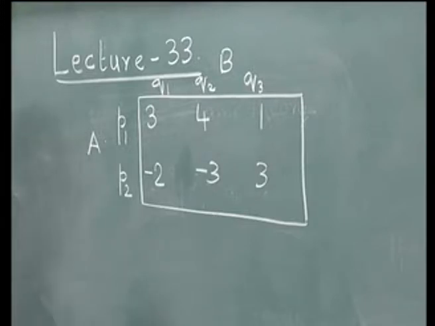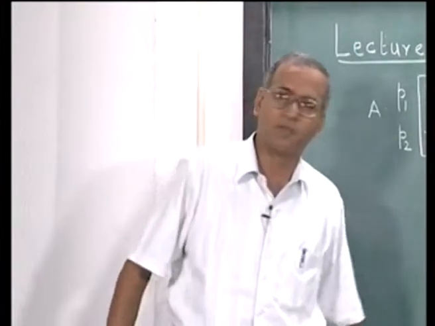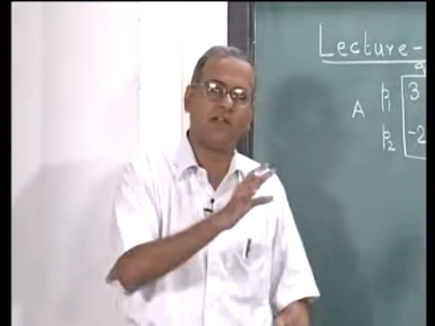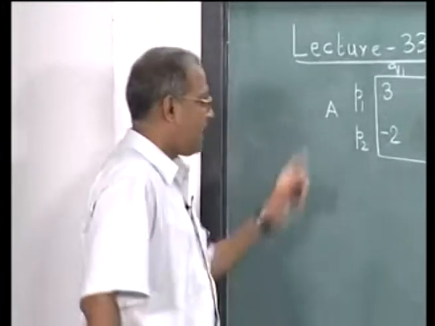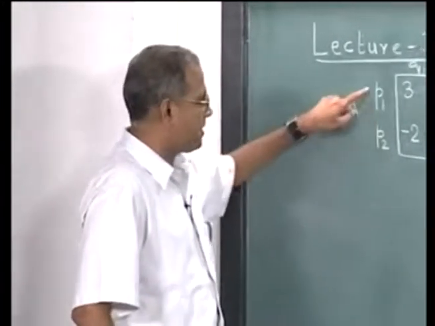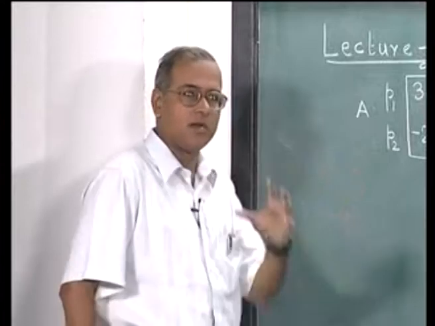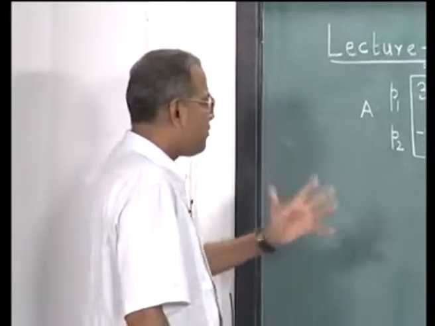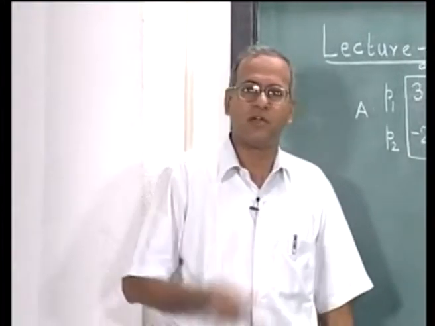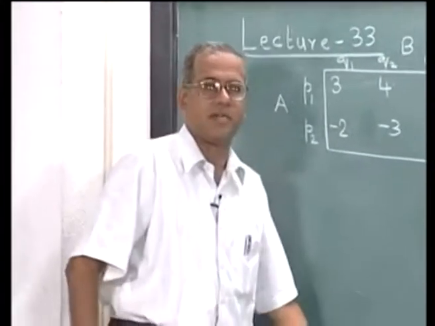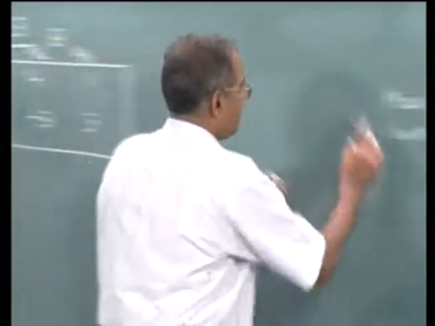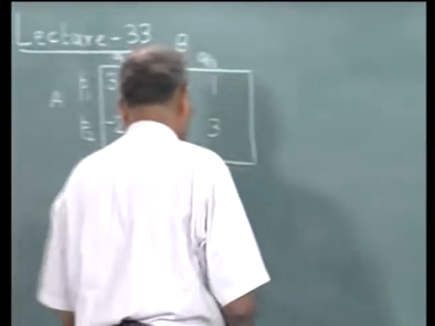Now, we have already seen some kind of relationship between this problem and the linear programming problem, even though formally we will introduce the relationship a little later. We realize that we have to solve a problem that involves 2 variables if you are solving for A. Any 2 variable linear programming problem you can solve using the graphical method. So, we will try to use the graphical method and try to get a solution. So, that is done by this.